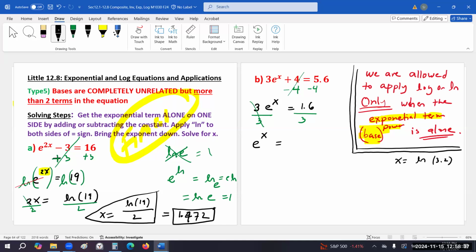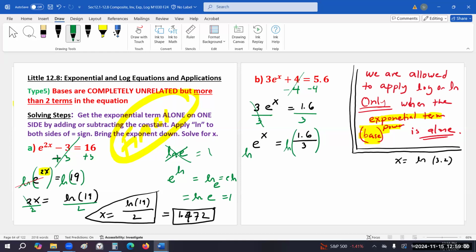And I got e to the x equals 1.6 over 3. Keep this because it's a fraction. If you keep it, your answer will be accurate. And if you round it now, your answer will be rounded before you apply ln. So since this is a small thing, keep it. Now we apply ln to both sides.